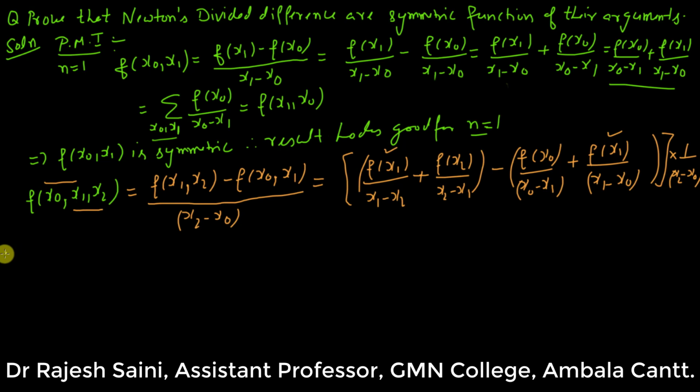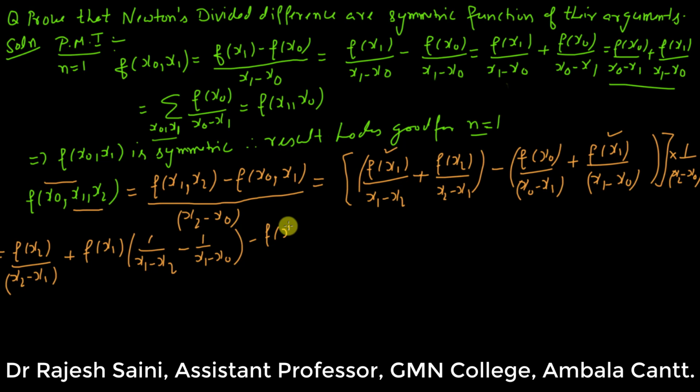I am going to write f of x2 divided by x2 minus x1 plus f of x1 is common, and here is 1 by x1 minus x2 minus 1 by x1 minus x0, minus f of x0 divided by x0 minus x1, and outside is 1 by x2 minus x0.